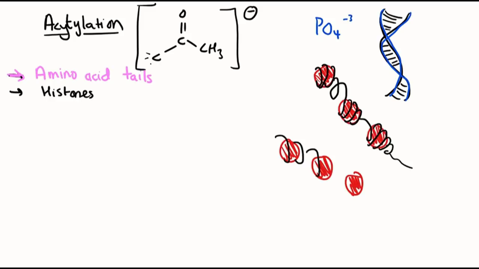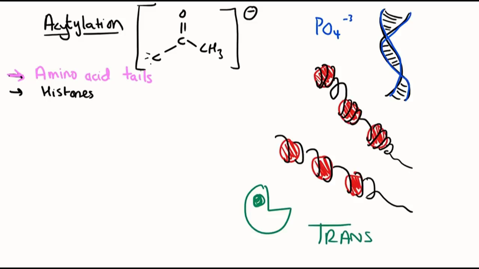It's going to unravel the DNA slightly because it's negatively charged. So by unraveling it, our enzymes, this isn't RNA polymerase, can come along and transcription can occur. Transcription, yay!